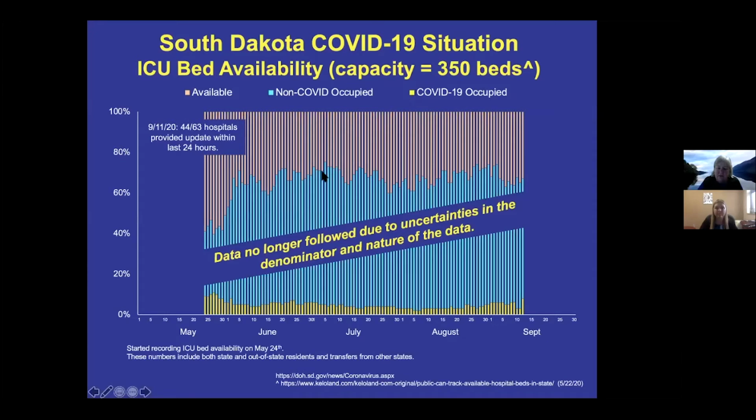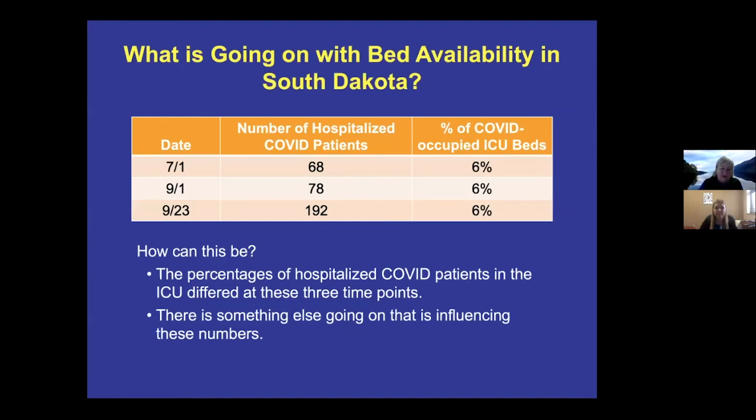That was in a news release that came out of the state back in May. And I just wasn't sure what was going on and looked into this Have Bed a little bit closer. And here's part of the reason why I wasn't sure about it. If you looked at the data from July 1st, there were 68 patients that were actually hospitalized with COVID.